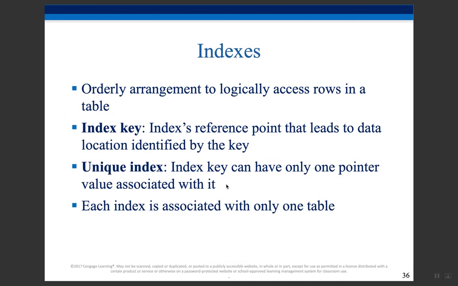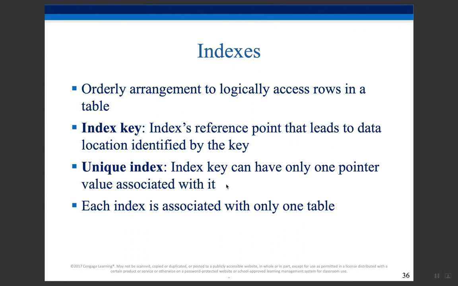So the idea of an index: what a database will do is read everything. It will read all of the data in the database and match these things up. So if you can imagine, if you have a million rows, a couple million rows in a database, it can take a while to do this. So with a DBMS, one of the things they do to speed things up is create what we call an index.